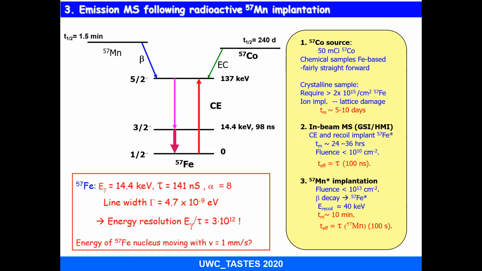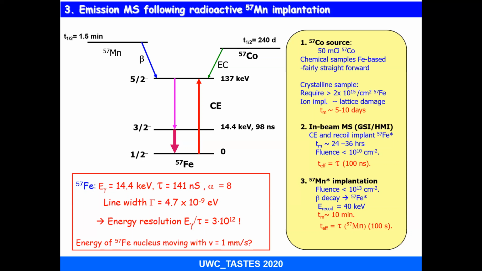In-beam Moessbauer, as done by the GSI and HMI, needs about 24 hours to get a decent spectrum, but the problem is with the effective time of any heat treatment that you apply. Here, the effective time would be equal to the decay time of the state, so you have only about 100 nanoseconds for which any annealing measure would be effective.